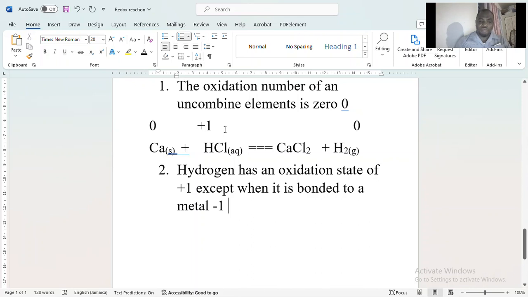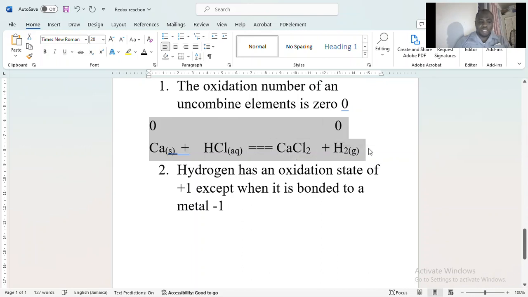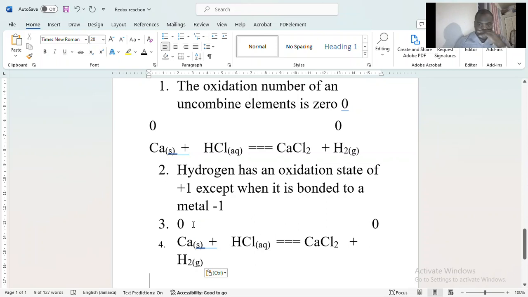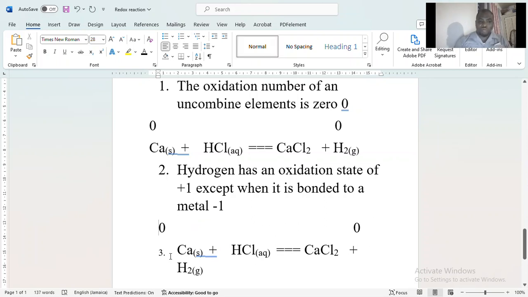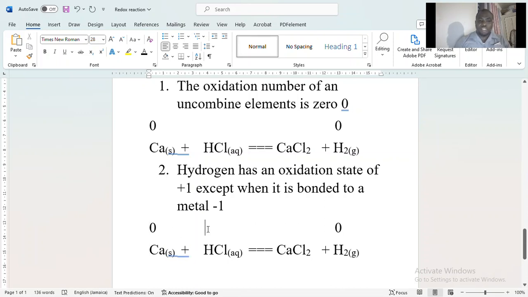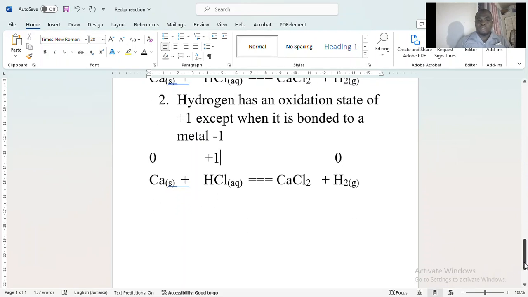Let me remove this and copy this and carry it down so that we can see what happened. So we said this hydrogen is now +1 based on that rule. Cool?